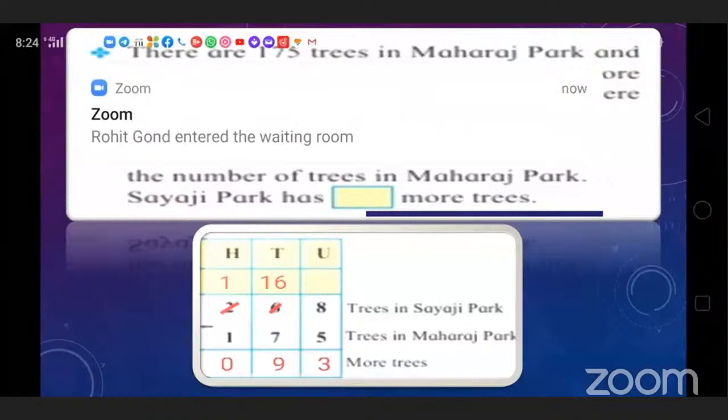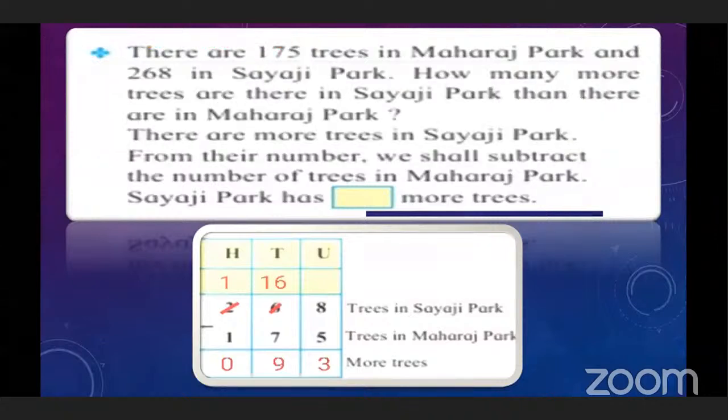So which answer did I get here? I told you that you should keep that poem which I showed in the first slide in your mind. Here you can see 8. We can easily subtract 5 from 8, because 5 is a small number and 8 is a bigger number. So I got 3 when I subtracted 5 from 8, but at the tens place I cannot subtract 7 from 6.